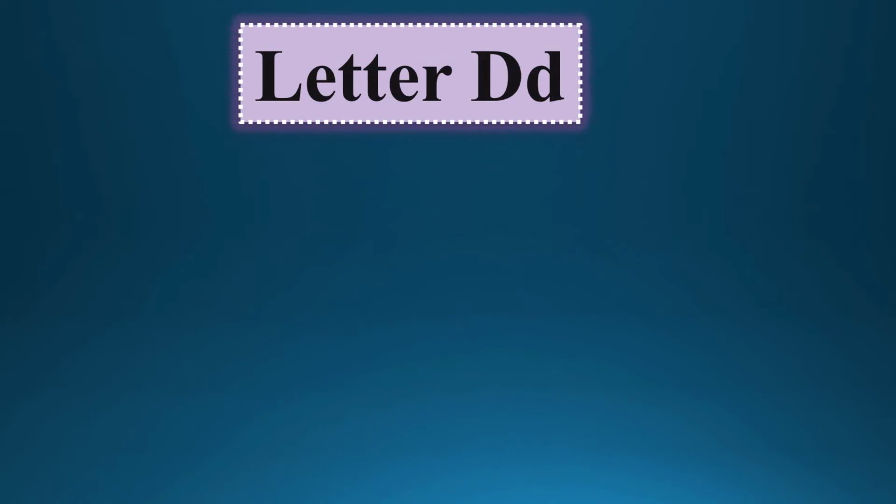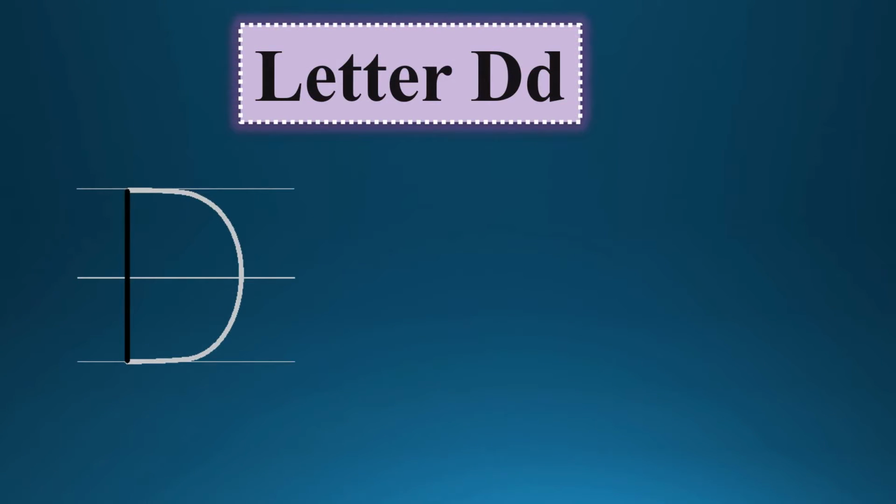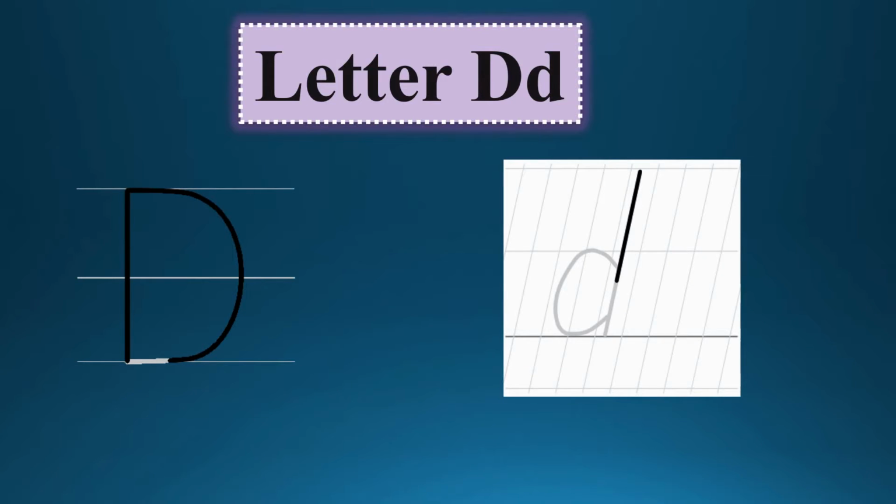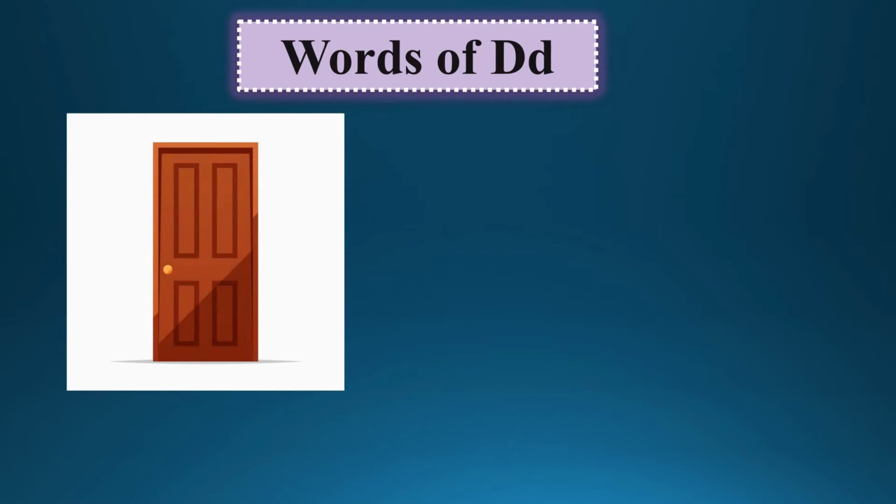Children, this is letter D. Capital letter D and small letter D. This way we write the letter. And its sound is D, D. Repeat with me, D, D, D. Let's see the D sound in the words.